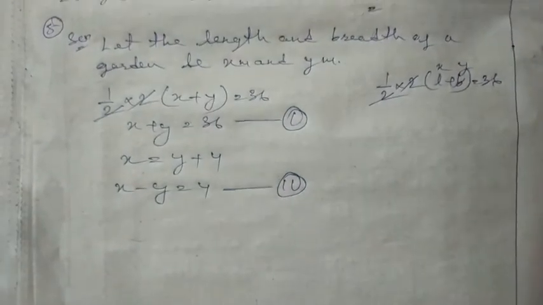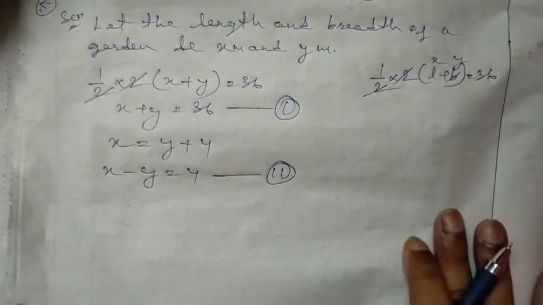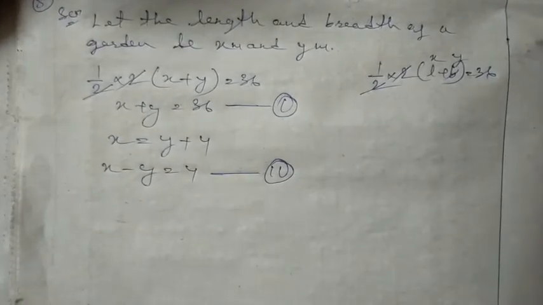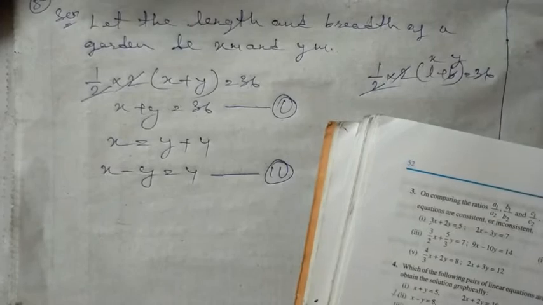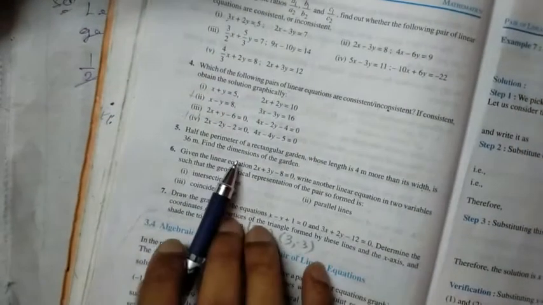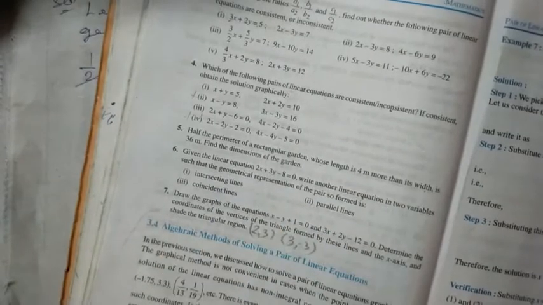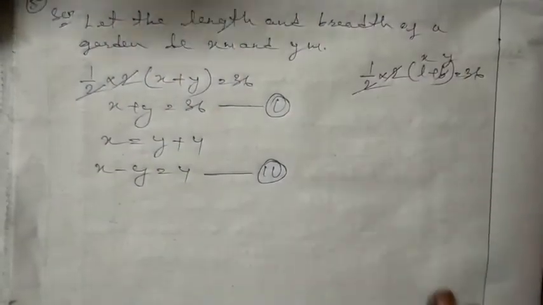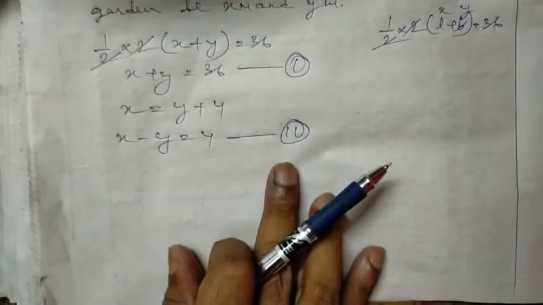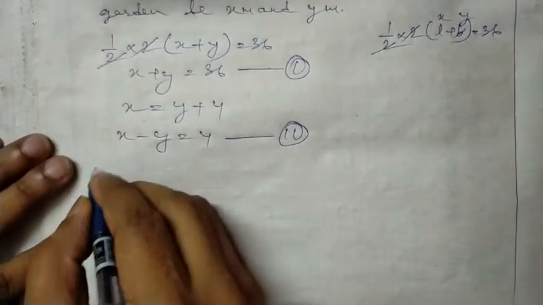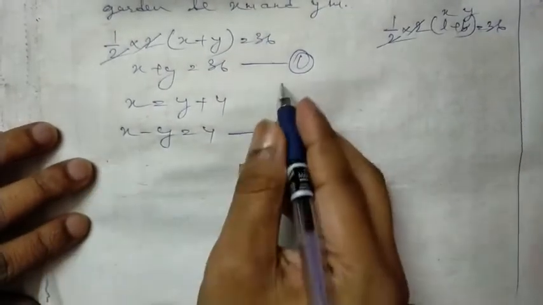Now the question says no need to draw the graph, we only have to solve. So these are equation number 1 and equation number 2. We are going to solve with the substitution method.